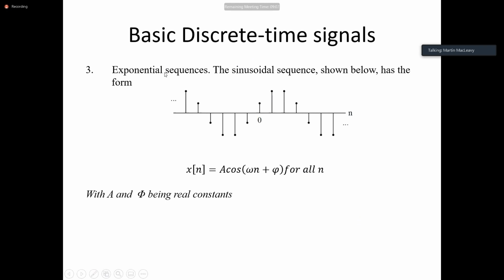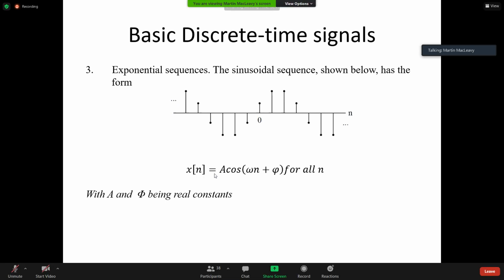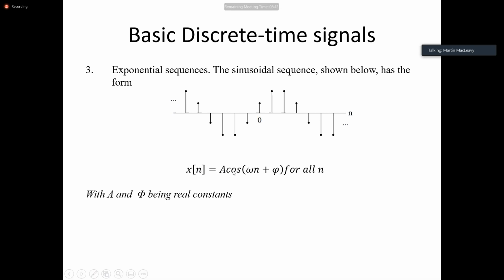Finally, sinusoidal sequences as shown here. Again, these are in discrete time. Notice that this looks like your sine wave here, or in this case is supposed to be a cosine wave. And here is the expression for our discrete version of the continuous signal. So it's A cos omega n, so t is effectively replaced by a function.